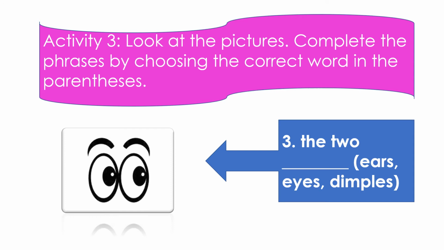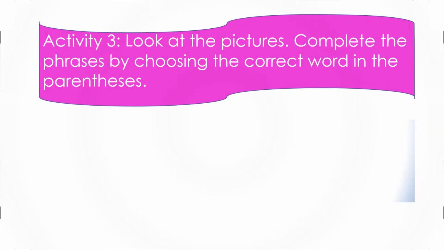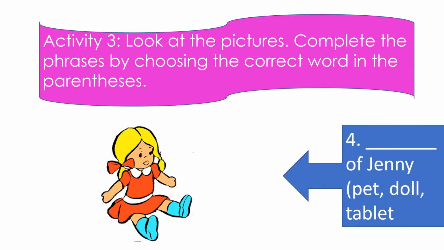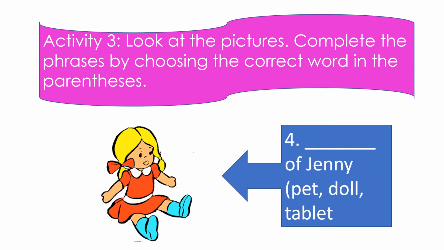What is the answer? What can you see in the picture? That's right, eyes. So the 2 eyes, correct. Number 4 picture, what is this? Blank of Jenny. Is it pet, doll, or tablet? Okay, the picture is doll. Doll of Jenny. Okay?